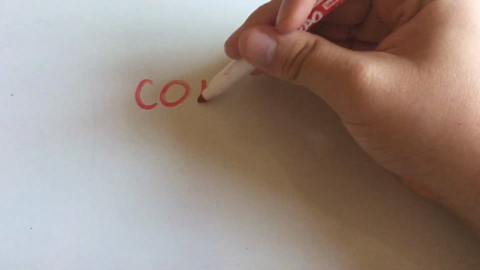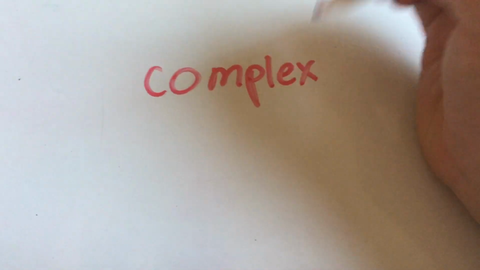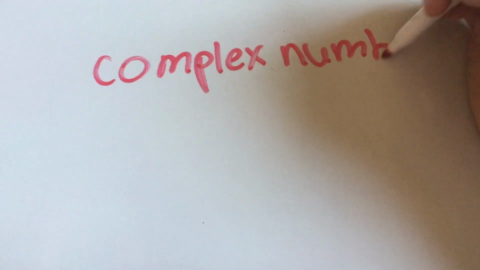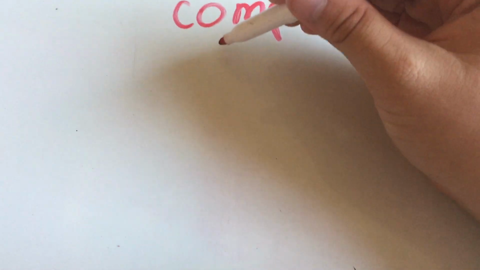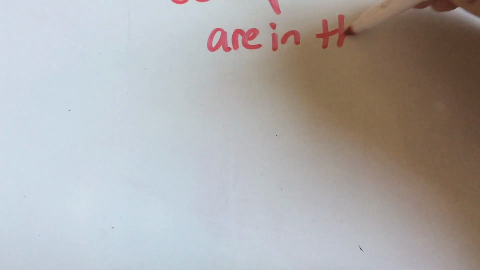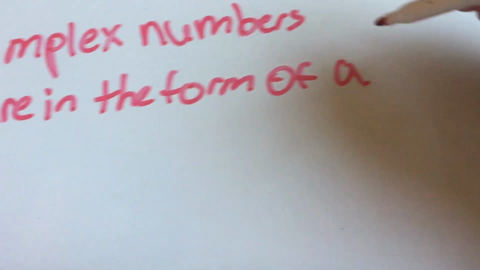Okay, so when you're solving, complex numbers are in the form of a plus bi, where a and b are real numbers. I should probably put parentheses.